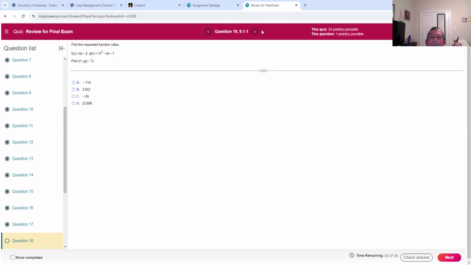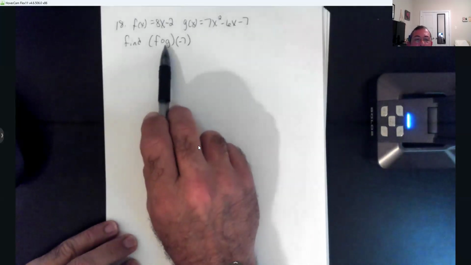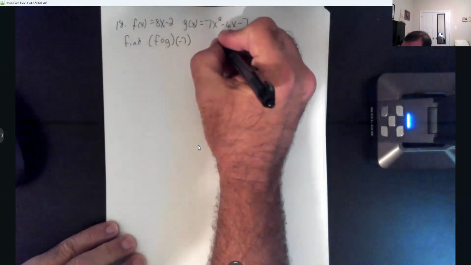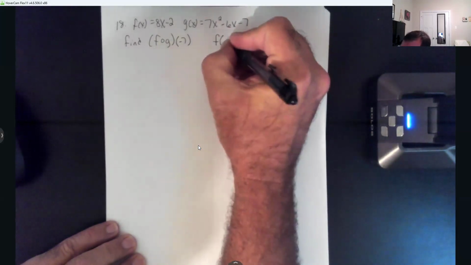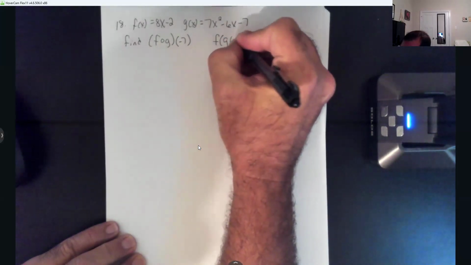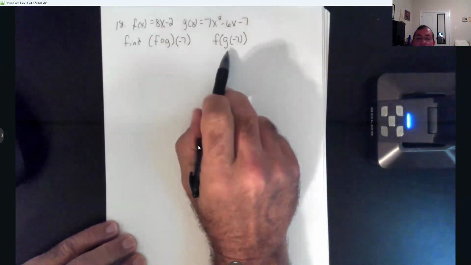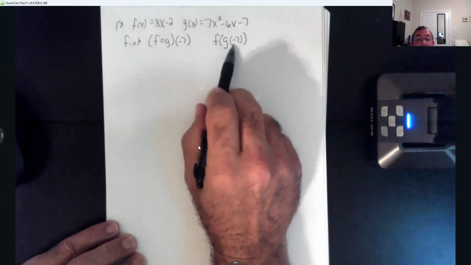Woo, so here we go. So remember the compositions, F compose G of -7 is just like F of G of that -7. We find G of -7 first.